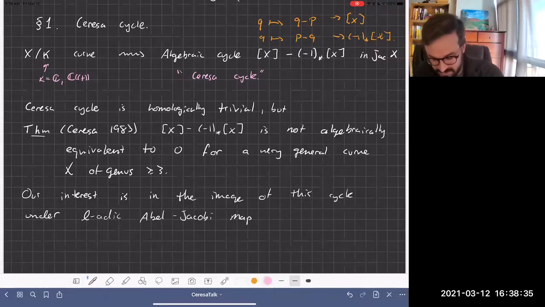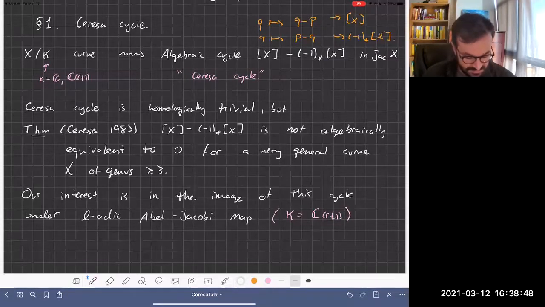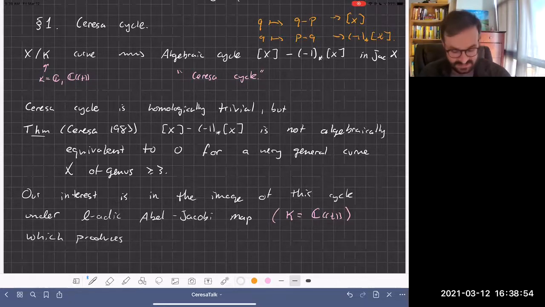Here is really where we're going to start becoming interested in the case where the ground field is C double parentheses T. This will produce a cohomology class in the following group.